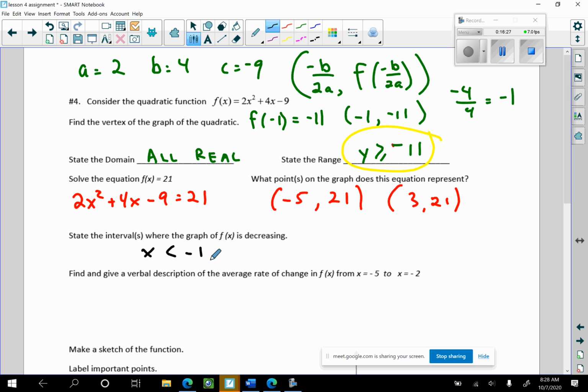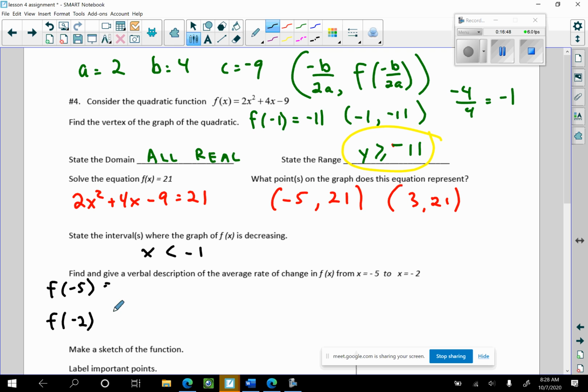Here's your average rate of change. This particular problem is on the free response. Find and give a verbal description of the average rate of change in f of x from x equals -5 to x equals -2. So I need to find f of -5 and f of -2.